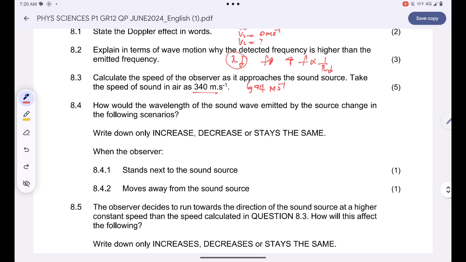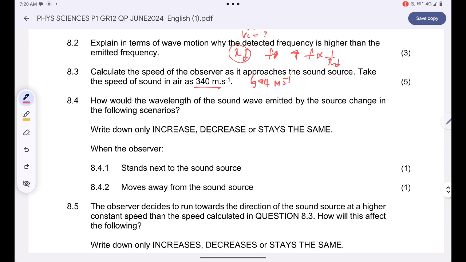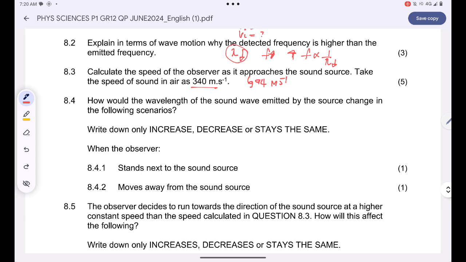When the observer stands next to the sound source, whether the observer stands next to the sound source or moves away or towards the sound source, the sound wave emitted by the source will just remain the same. Stay the same. Are you together? Okay, when the observer moves away, the sound source will just stay the same.